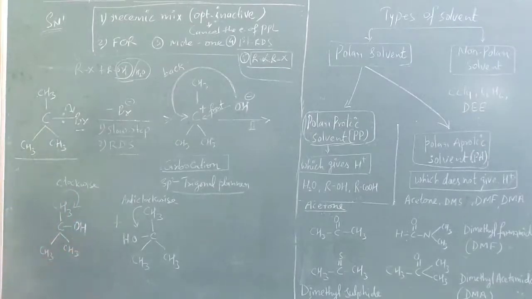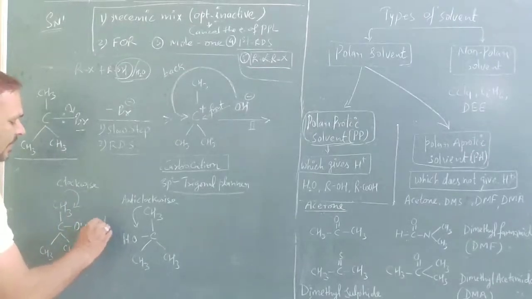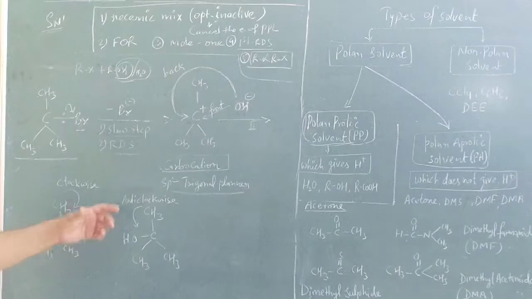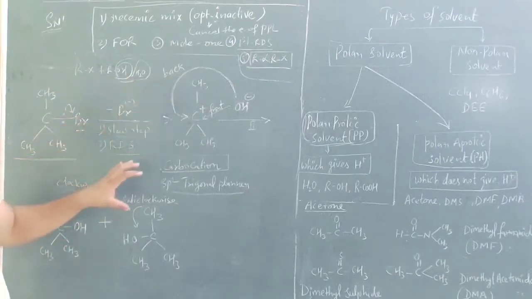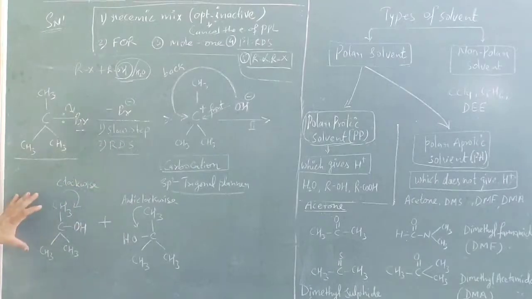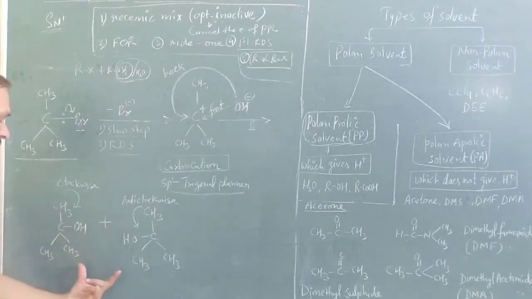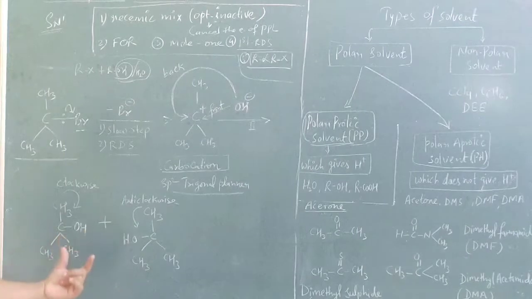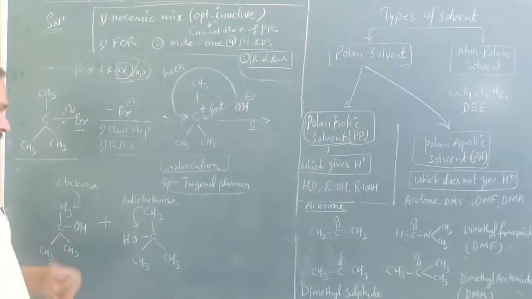So the mixture of two compounds will be obtained. And what is the structure of this carbocation? This is sp2 trigonal planar. So clockwise and anti-clockwise, two types of compounds we will get. This is called racemic mixture. What is racemic mixture? A mixture which is optically inactive.